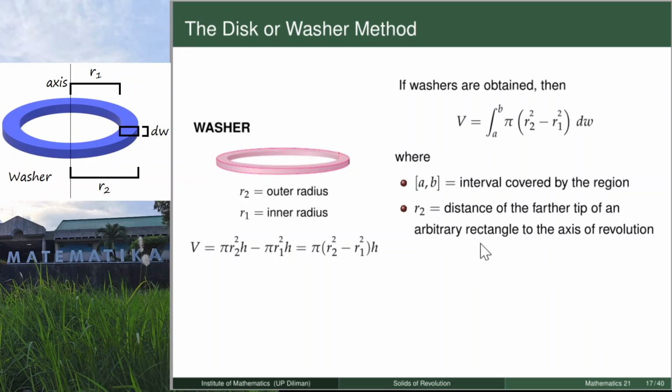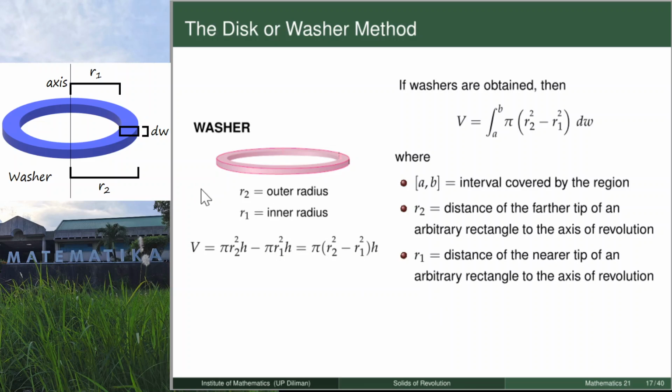R2 is just the distance from the axis going to the farther end of the rectangle. And R1 is the distance from the axis going to the nearer end of the rectangle. And dw is just the width of an arbitrary rectangle, or in other words, as we said before, it's the thickness of the washer.